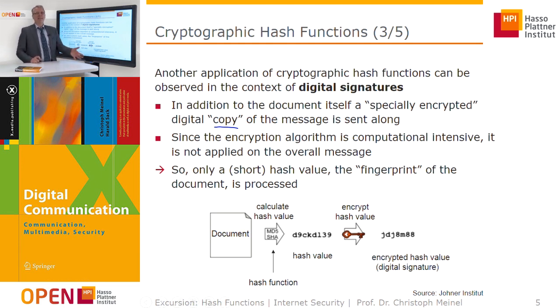Then the receiver can use the public key of the sender to decrypt the hash value, and compare it with the hash value that is produced from the document. If both agree, then there is proof that the document, for example a contract, reached the user in the right way.